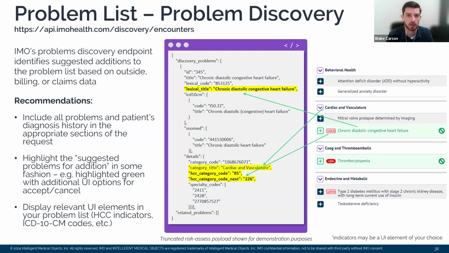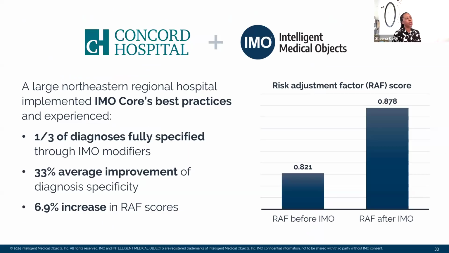Okay, and Sheena, turning it back over to you to highlight some of the ROI on these components. Sounds good. So we really believe in the problem list as the driving force for substantiated clinical documentation, clinical care continuity, and RAF score improvement and risk adjustment, and subsequently reimbursement as well. But there's quite a bit of evidence to back this up.